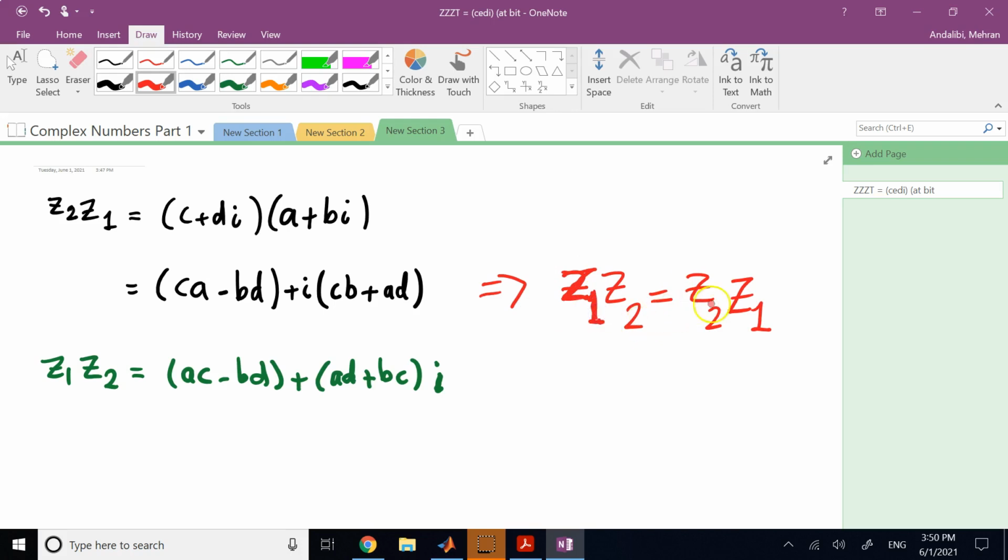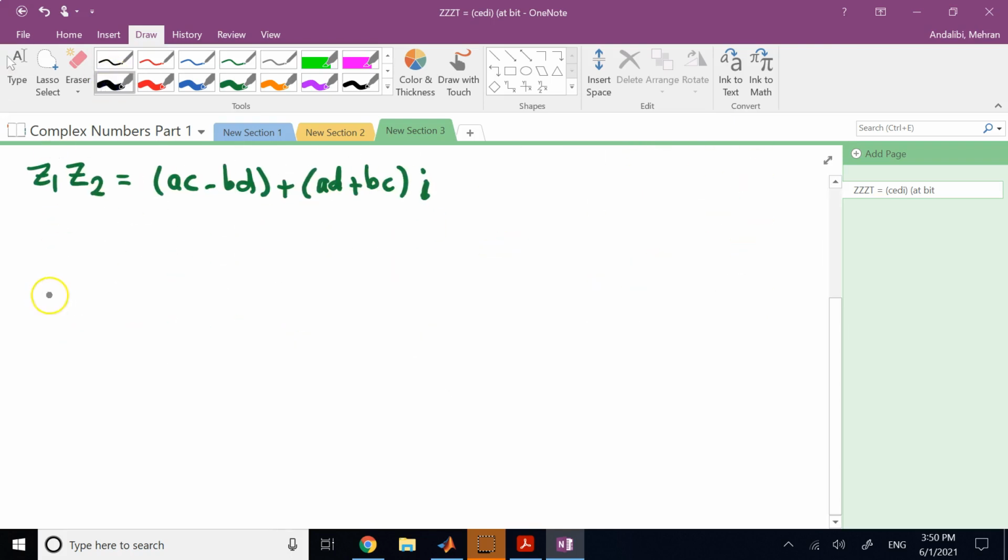You know, when you're dealing with matrices, you don't have such a thing. But complex numbers, no worries. You can change the order, and as you can see, there is no problem here. What about the division? Does it have the same thing? If you divide z2 by z1, of course that should not be the same as z1 over z2.